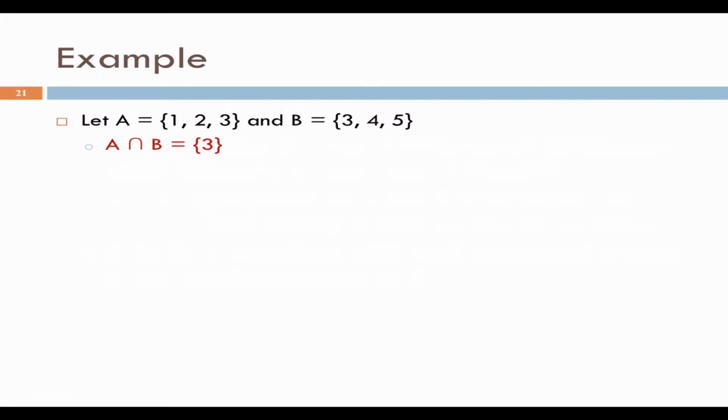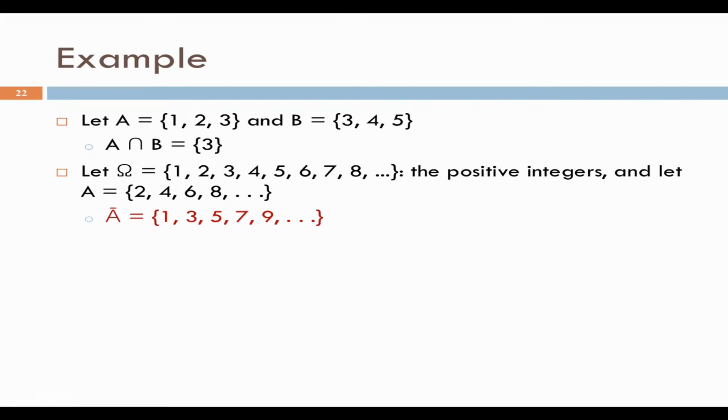A intersect B in this example would be the overlapping elements that reside in both A and B. If you think about those two sets of numbers, 3 would be the only element that belongs to A intersect B.